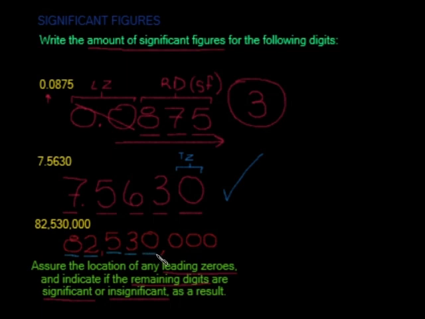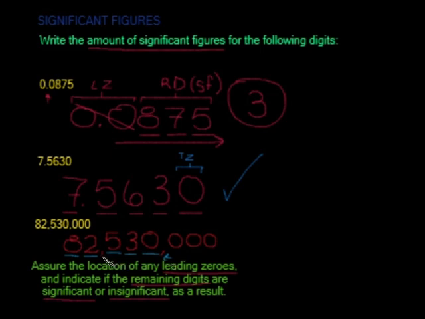Be very careful of this 0 here, since we're looking at this comma here; this comma indicates if it's leftmost or rightmost. So in this case, 82,530 is leftmost of this comma, not that comma.